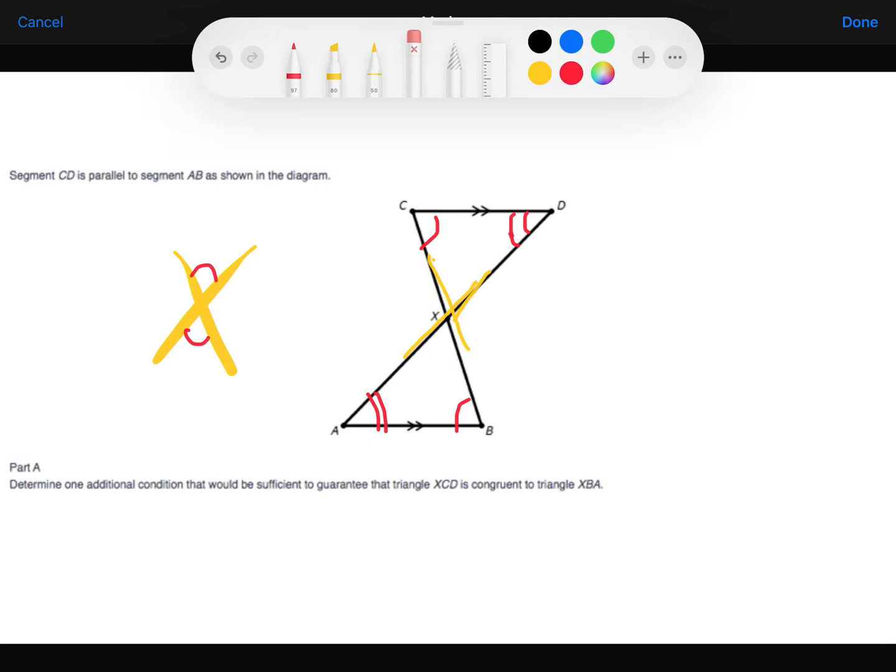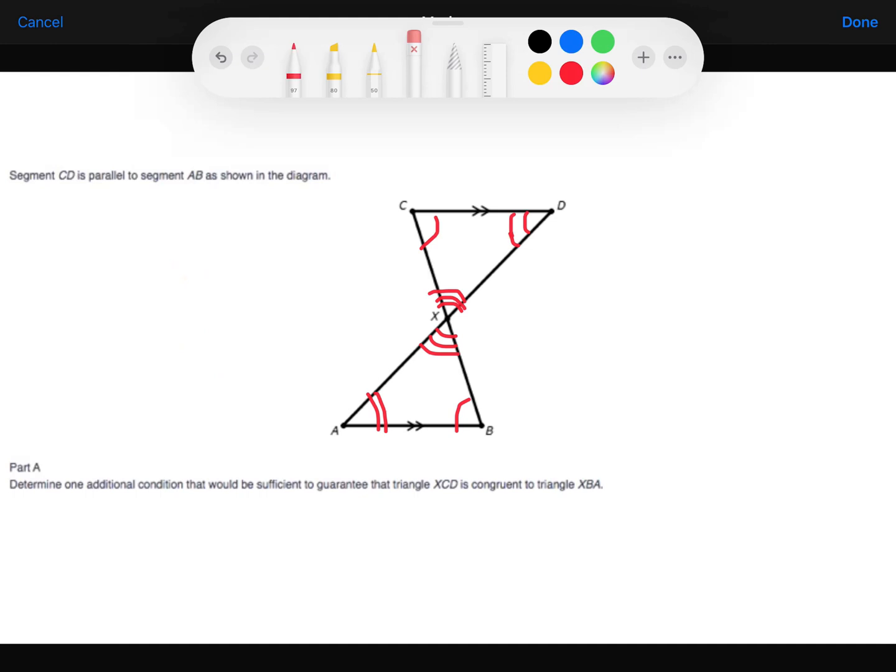And so therefore, these angles here in the center would be equal to each other as well. So those would be called vertical angles. And so we've used alternate interior angles to help us find those other angles at the top and bottom. And then here at the center, we have used the vertical angles and realized that those are also equal to each other.